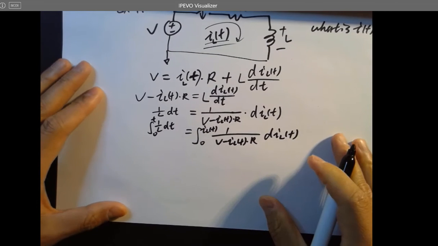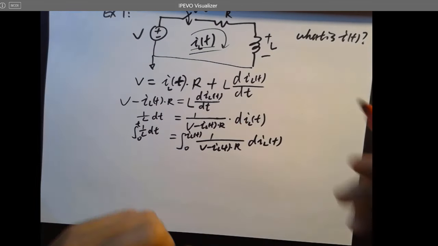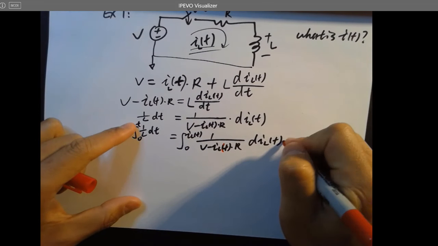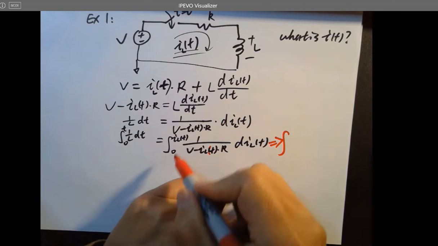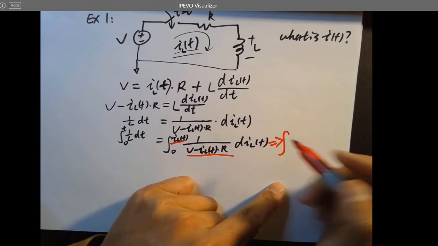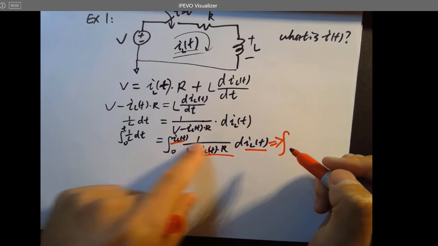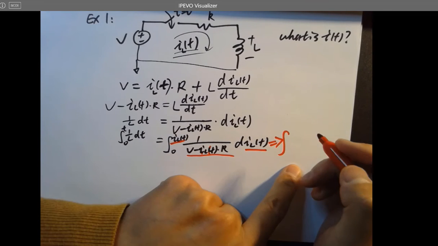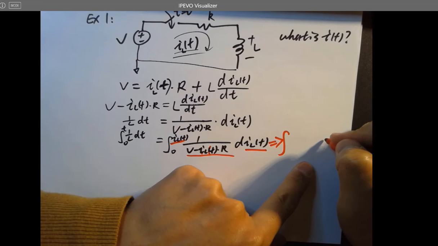Next, because this is a little bit hard to integrate, we have to convert it slightly to something else. The goal is to make this part exactly the same as this part, and here this variable should be this thing. So let's convert this part first.